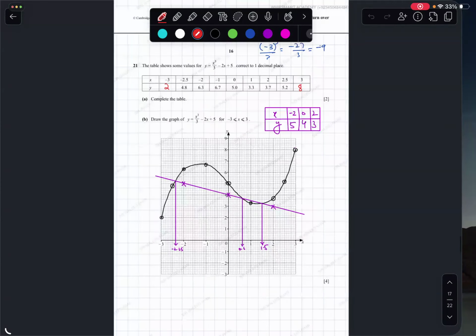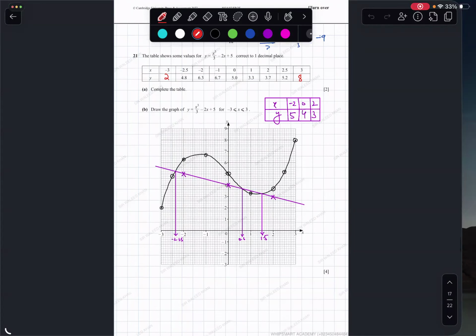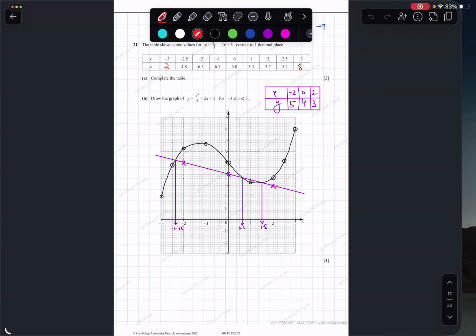Question number 21. I plotted this. Do you have a graph paper? Yes. Ismail, do bache. Send it to me. Share your graph with me. Manur, do you have a graph paper? Yes.